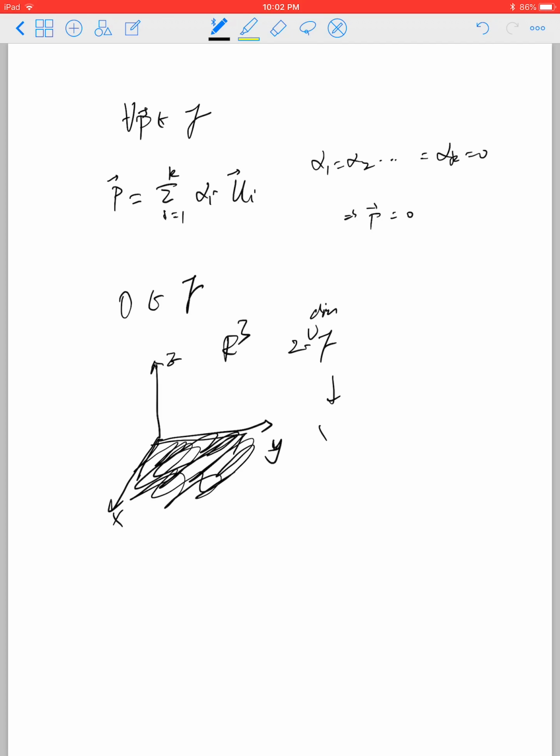But in a more general case, the subspace should be just a subset of the whole three-dimensional space, right? So what if I want to represent a subspace that does not contain zero? For example, I just move the xy plane upward by some distance, right?